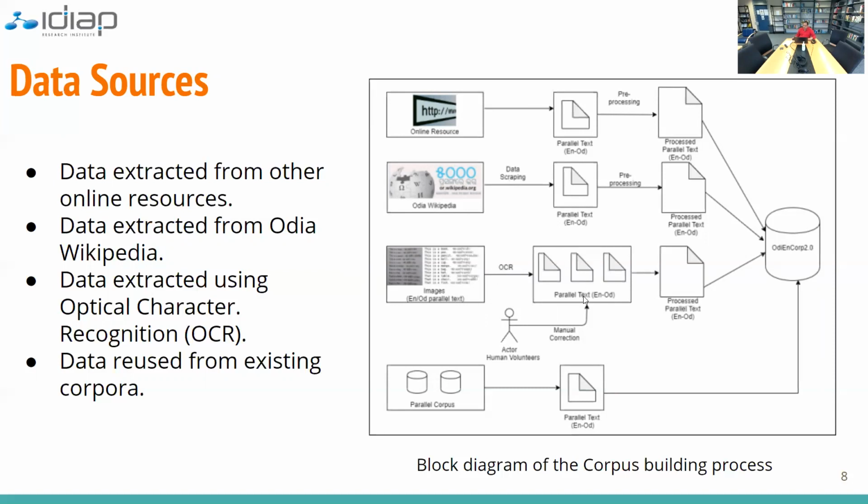Although most of the pre-processing we do automatically, in some cases we also use manual effort by human volunteers. And finally, we do all the pre-processing and build Odian Corp 2.